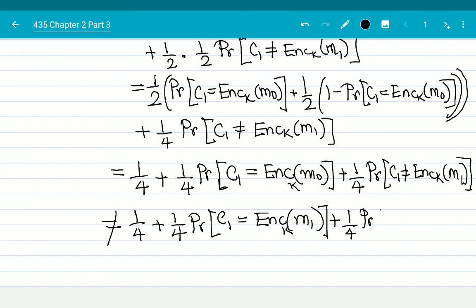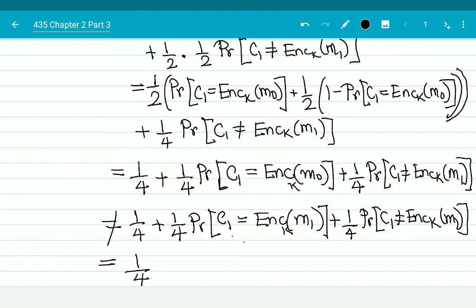Okay, encryption K of M1. Well, if you're encrypting M1, either you get C1 or you don't get C1. These are the only two possible cases. Together, they give you 1.